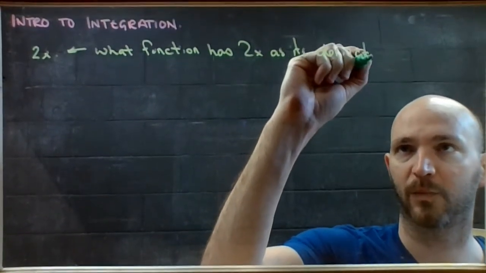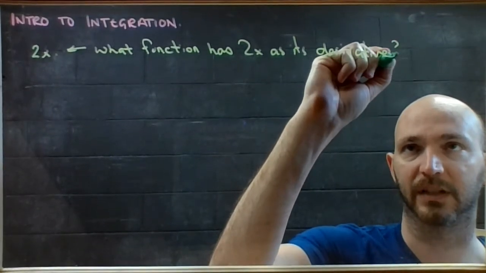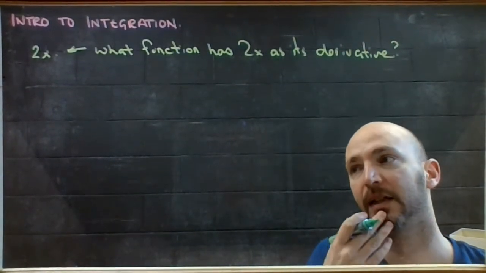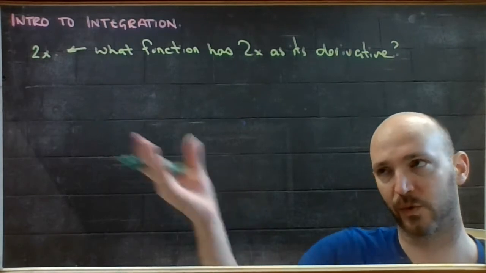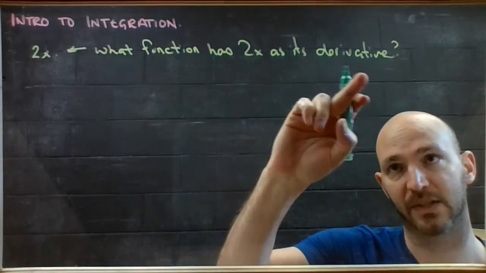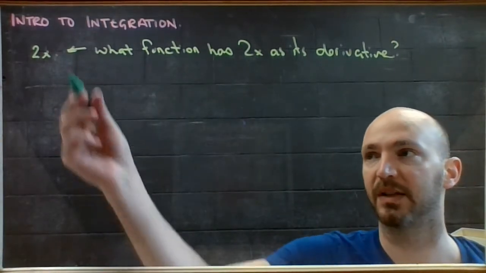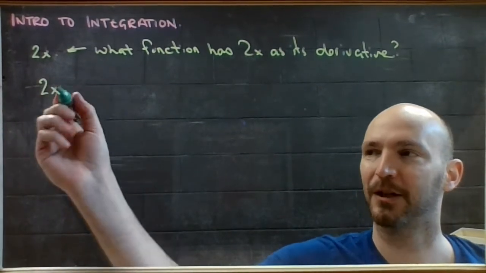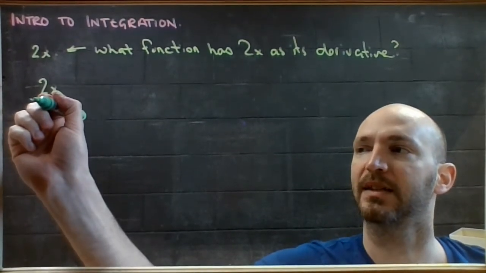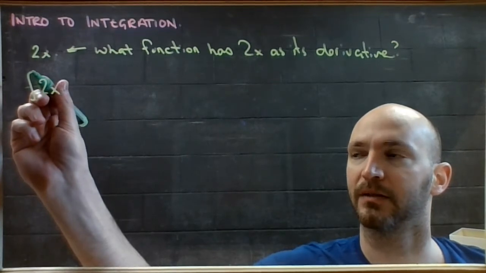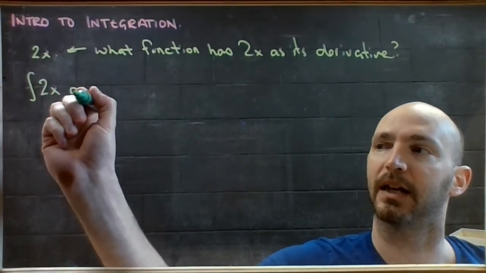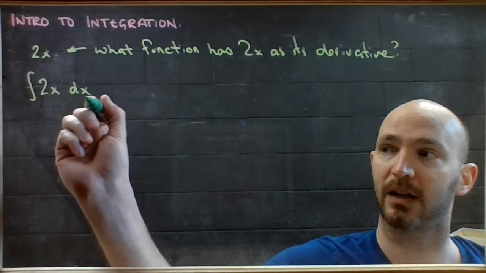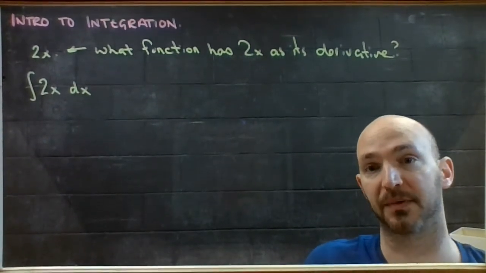So I'm going to give you some notation here just to show how to write that. The way you would phrase this question in symbols is to take the thing that you're trying to underivative and you put this fancy stylized S in front of it and then a d and whatever your variable happens to be.